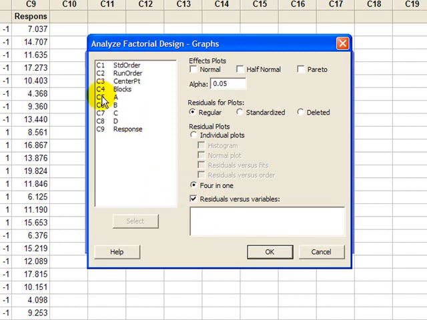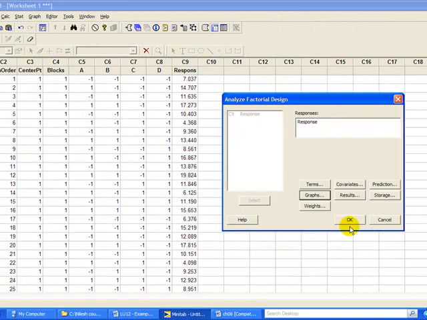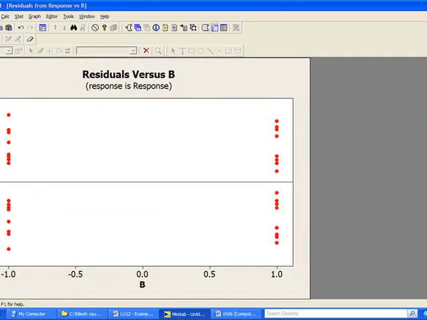I can plot residuals versus factor A, factor B, factor C, and factor D, right? And you can see the alpha value of 0.05, which we already have there, and I will click OK, and then I'm going to hit the OK button to see what our result is, right?